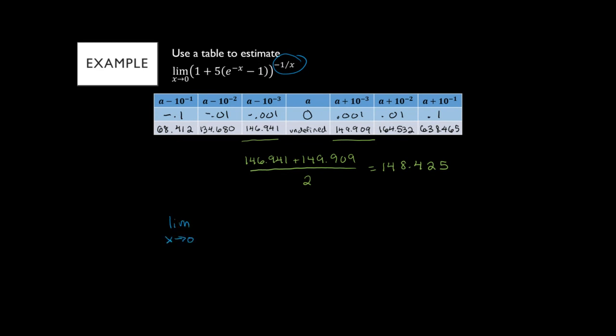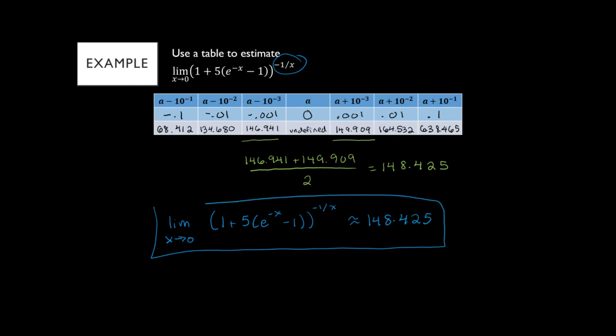So our limit as x goes to 0 of 1 plus 5 times e to the negative x minus 1, to the negative 1 over x, is 148.425, because that's the best thing we can come up with based off of our table. We're just going to average those two values to come up with an approximate middle, and then that is going to be our limit.